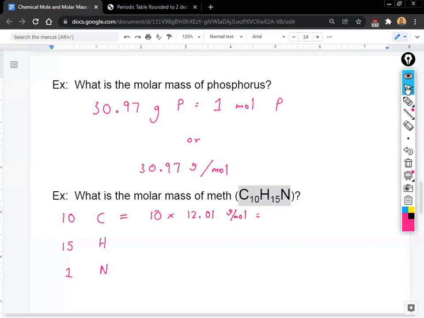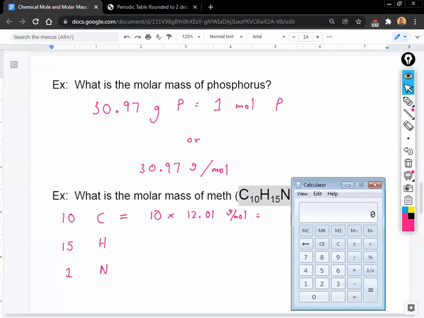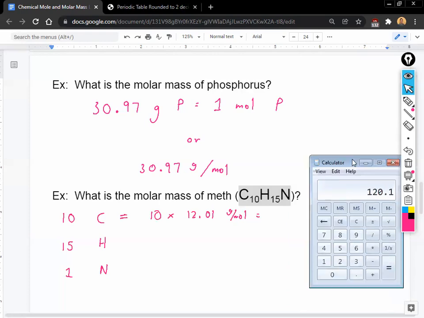If we punch that into our calculators, 10 times 12.01 gives us 120.1. So all of the carbons inside of meth are going to weigh 120.1 grams per mole, okay?